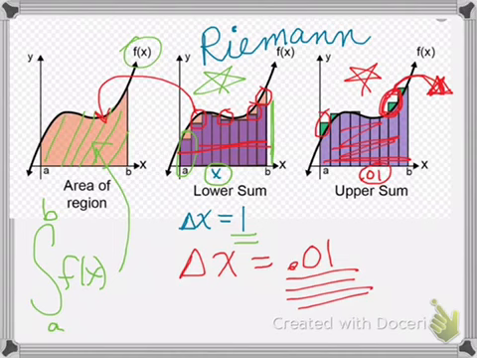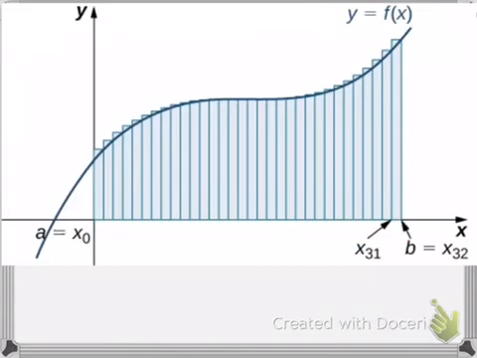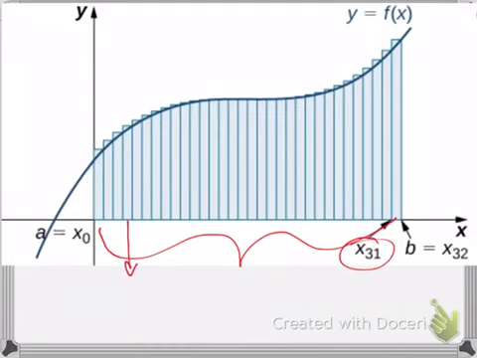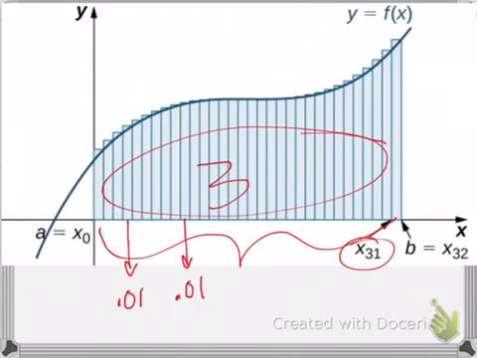So this is 1, 2, 3, 4, 5, 6, 7, 8, 9, 10 rectangles. Suppose you take a curve and you break it up into 32 rectangles, okay? So more rectangles. So suppose the width of this rectangle is 0.01, the width of that rectangle is 0.01. So what you'd be adding up is 32 rectangles that have the same width.